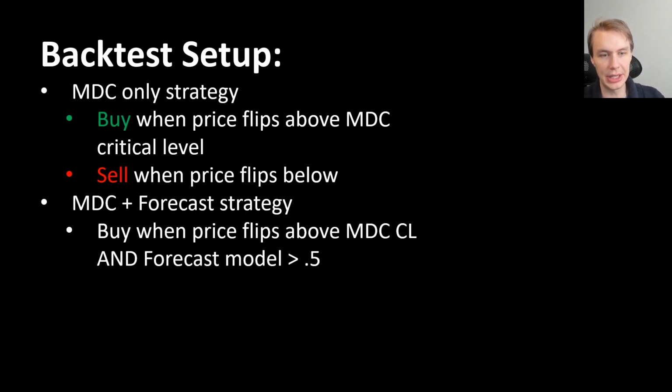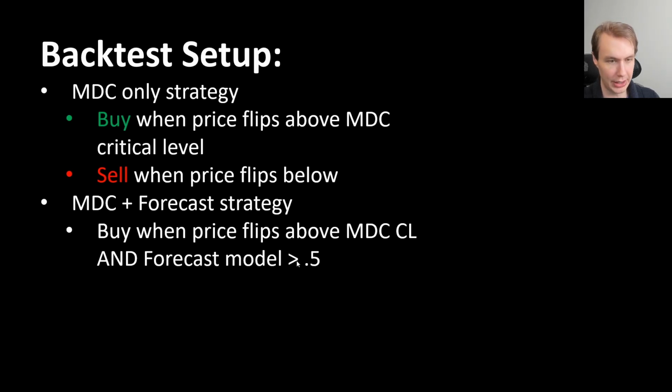Whereas with the MDC plus forecast strategy, this is where we combine the two different models. You're going to buy when the price flips above the MDC critical level and when the forecast model is greater than 50%, 0.5, so basically when it has a bullish outlook. You're only going to buy when the MDC signal and the forecast model are in agreement: when the forecast model is bullish for the next 6 months and you have a bullish flip of the MDC.